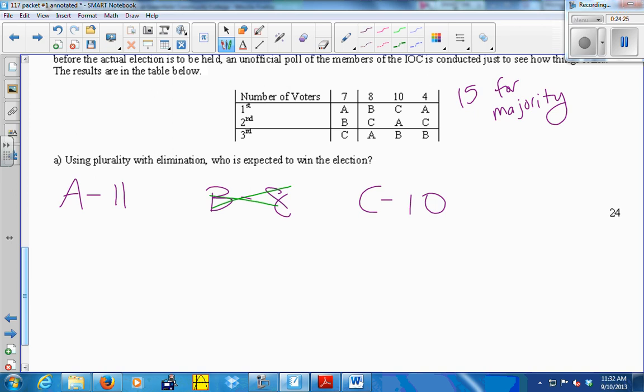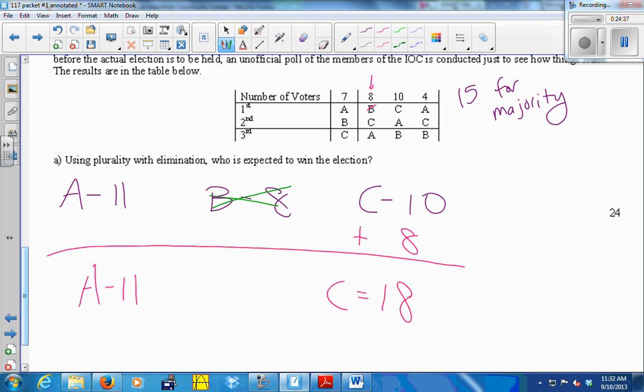So these 8 people who had B in first place, if B is gone, they would choose C. So we're going to give those 8 votes to C, and we have A 11, C 18. Does anybody have a majority? Yes, C has 18. C is the winner. So Calgary, based on the poll 2 days ahead of time, before the official election, we're expecting Calgary is going to win.